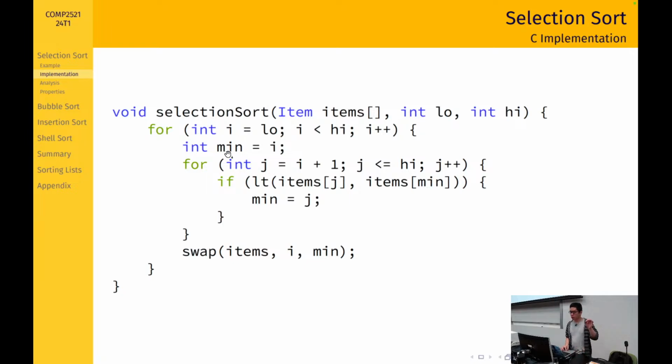Initially we initialize the min index to i, and then we iterate through the rest of the elements, and if that element is smaller than the one that we currently have, so if items j is less than, that's what LT stands for, less than items min, then we set min to j, and we keep going. Once we've reached the end of the array, we've found the smallest item, so we swap index min with index i. So that is how selection sort works.